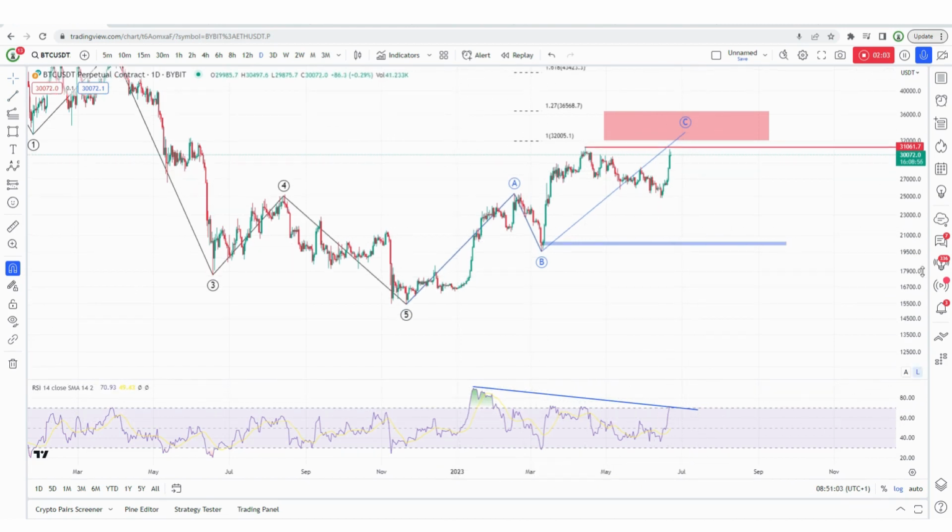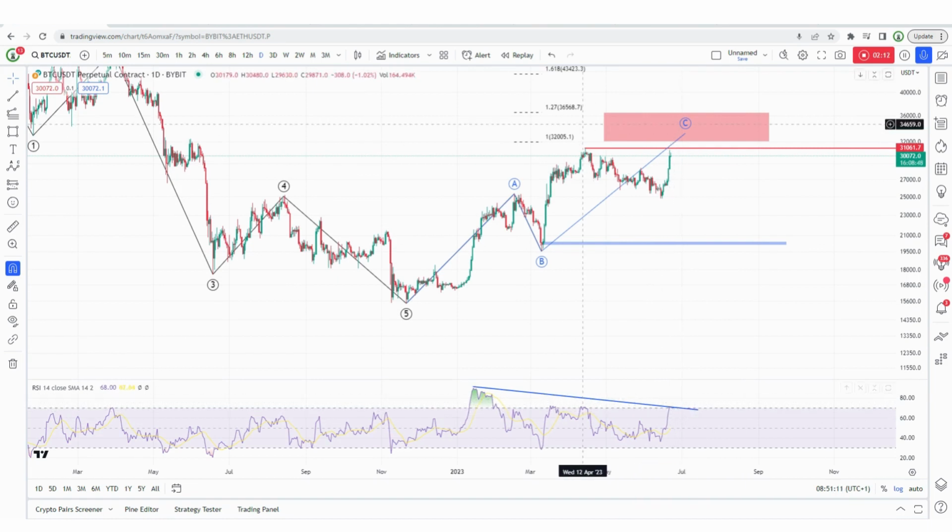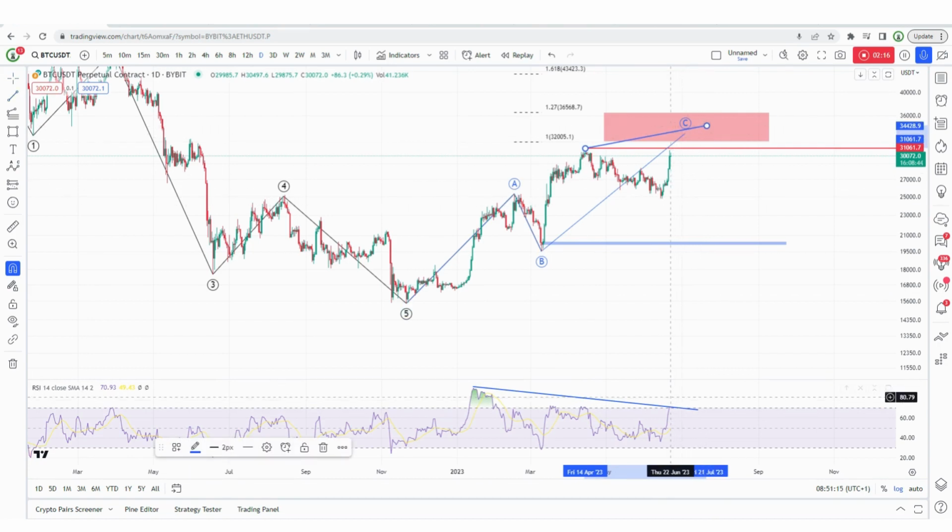So if we did come up into this box, we would be doing it most probably on a bearish divergence, okay? So we would get a higher high on price, but a lower high on RSI, which is bearish. Now that would go hand in hand with what an ABC correction would look like.